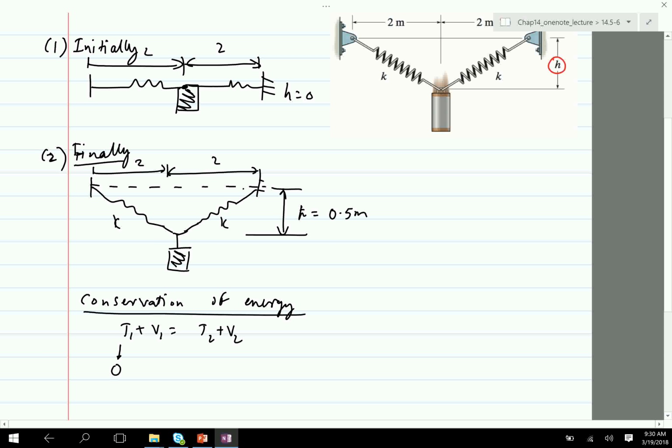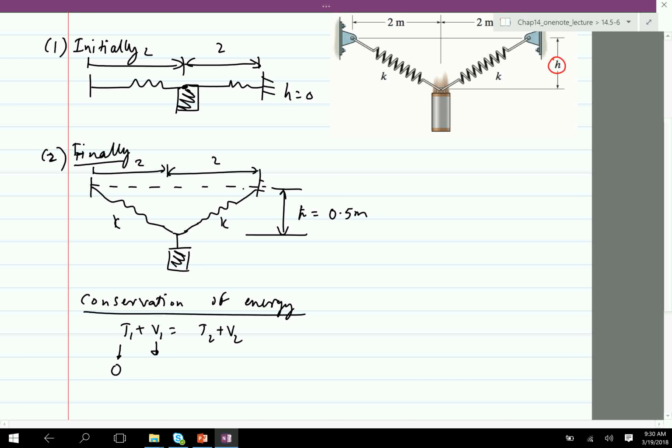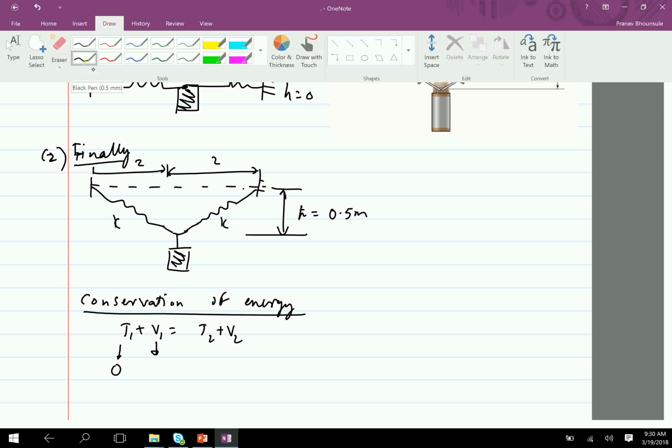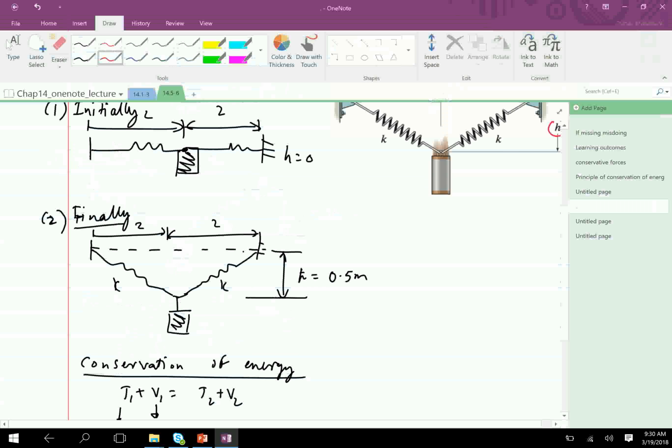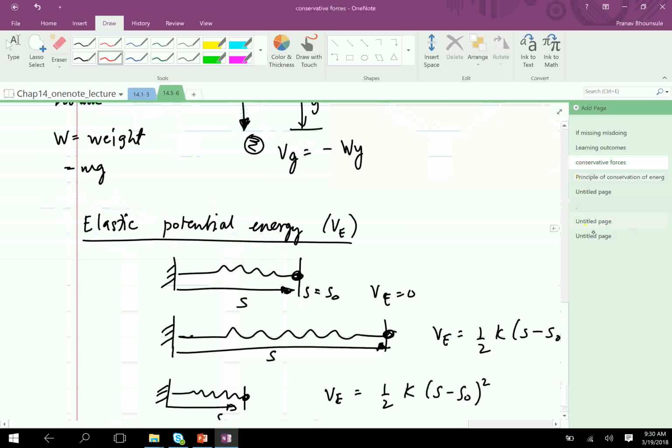What's the initial potential energy? V1. So note that there's gravity involved, and then there is of course the spring energy. But in order to find the energy due to gravity and that due to springs, if you notice here, I chose a datum. That's very important. So we need to choose a line about which we're going to measure the energy, and that could be any line you want.